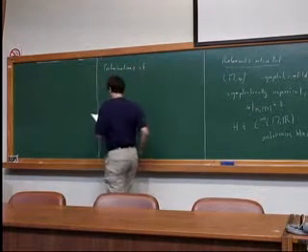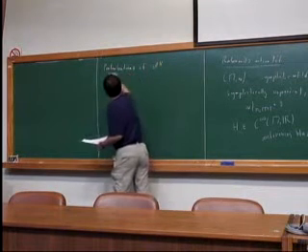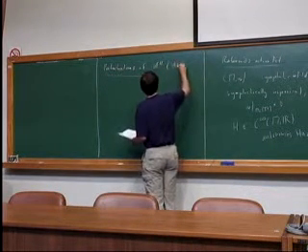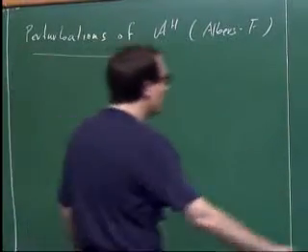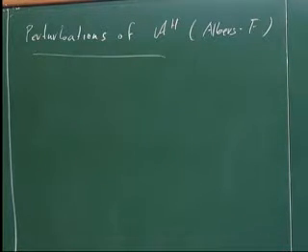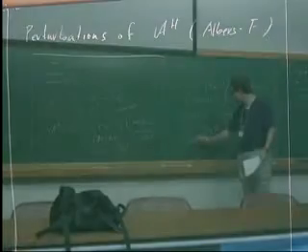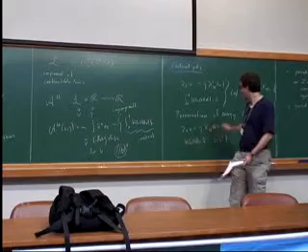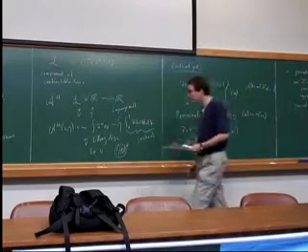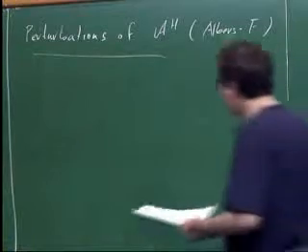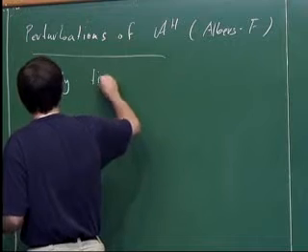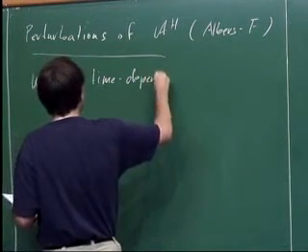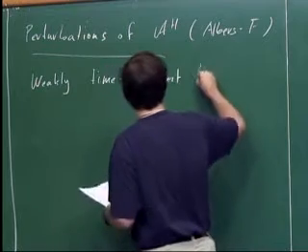We assumed that this Hamiltonian is autonomous, and from that we deduced that H is constant along the critical point. This continues to hold if the Hamiltonian is only weakly time dependent.